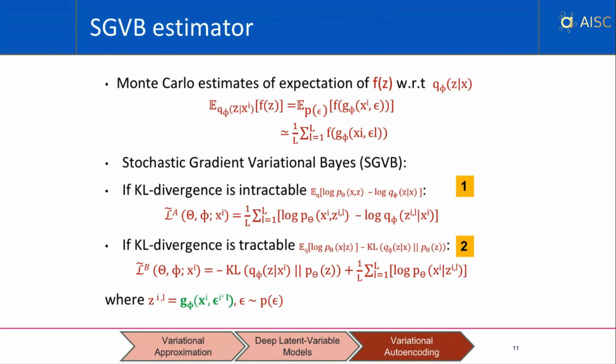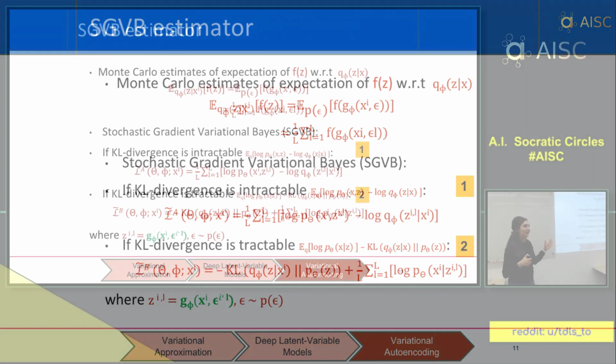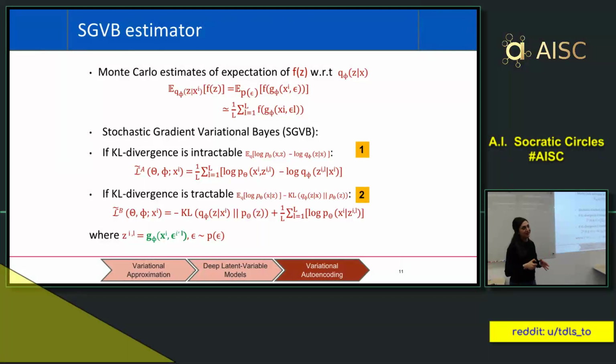We want to maximize the lower bound because, again, log P of x equals the lower bound plus the KL divergence. If you maximize this lower bound, you are maximizing the marginal likelihood. So this is what I'm going to maximize. But again, I want to find a representation to simplify this.